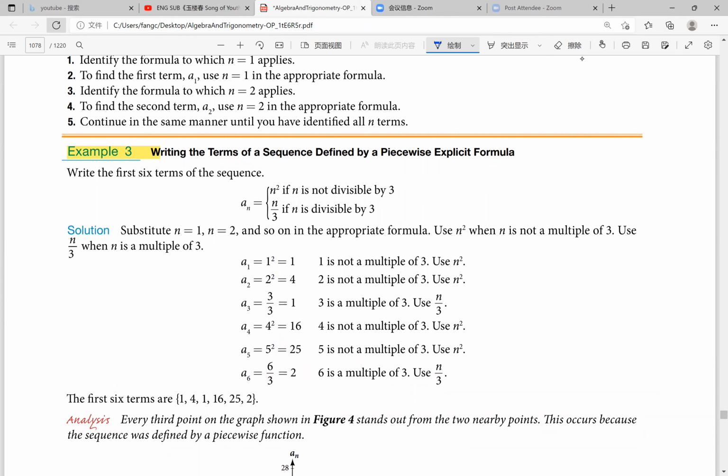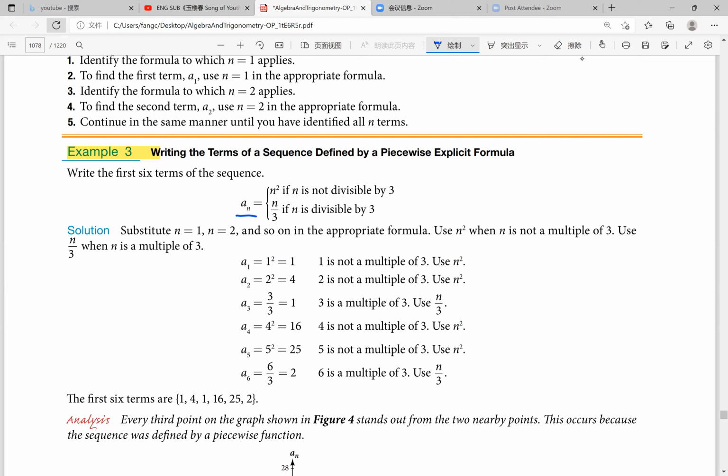Writing the terms of a sequence defined by a piecewise explicit formula. Let's observe the piecewise explicit formula. an equals n squared when n is not divisible by 3, but when n is divisible by 3, it is equal to n divided by 3.